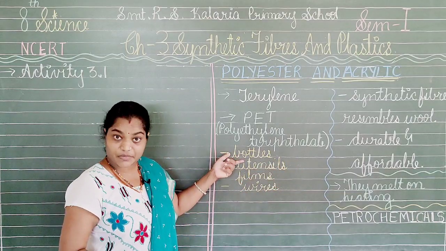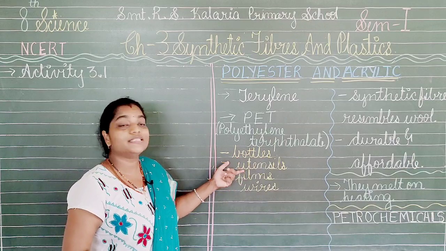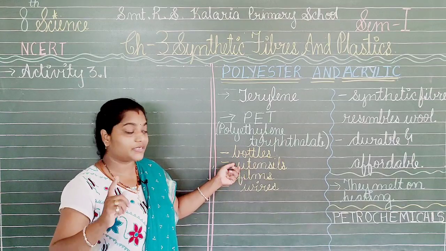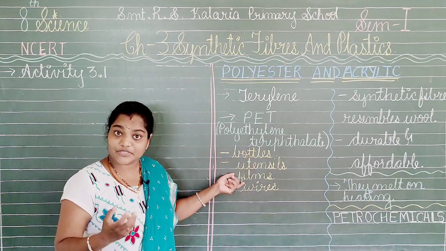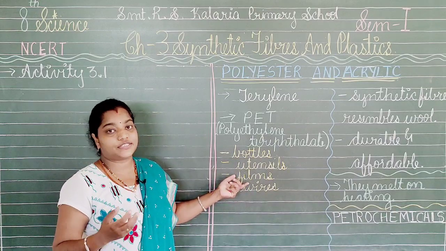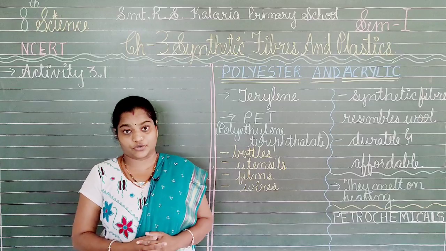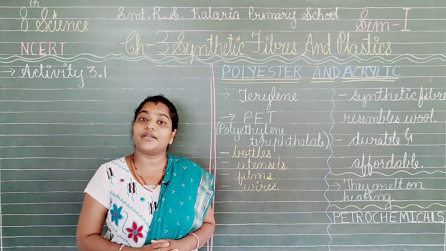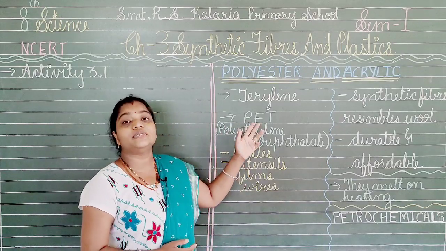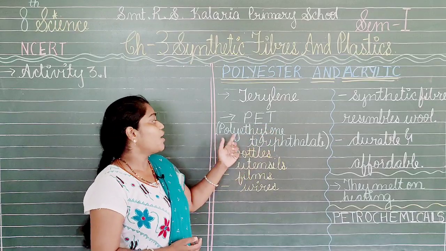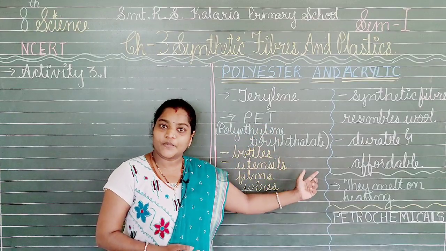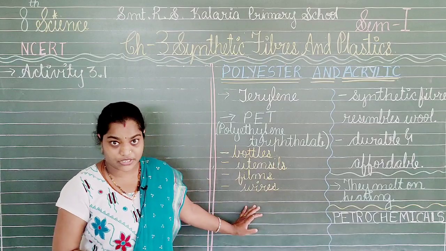We have bottles made from it, utensils which are plastic containers, and films, which we are not using nowadays but used in earlier times. Then we have plastic coated wires. They are made with such PET material, referred to as polyethylene terephthalate. So this is the answer to Paheli's question.